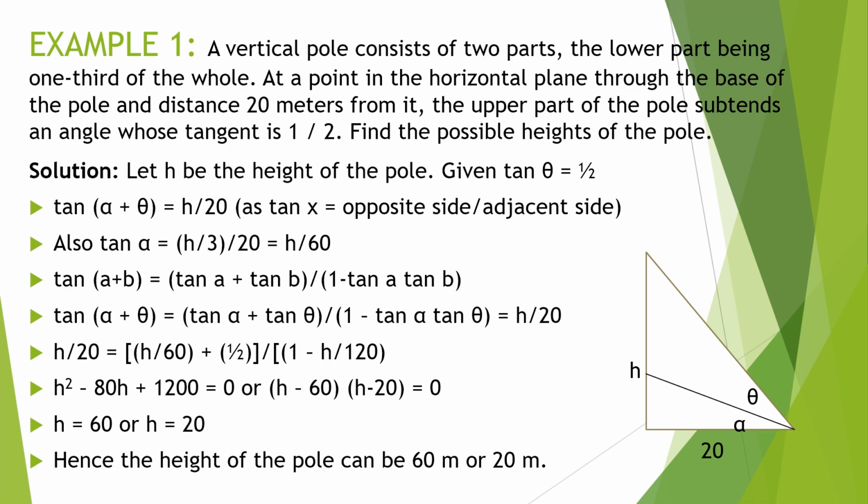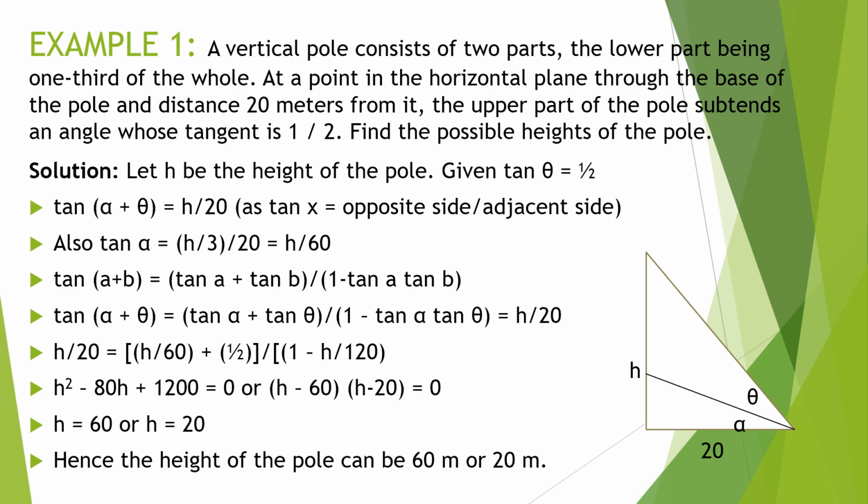Now we have a formula: tan of a plus b is equal to tan a plus tan b upon 1 minus tan a tan b. So let us use that formula for tan of alpha plus theta. Tan of alpha plus theta is tan alpha plus tan theta upon 1 minus tan alpha tan theta, and we know this is equal to h by 20.